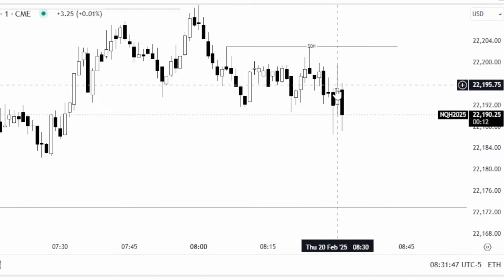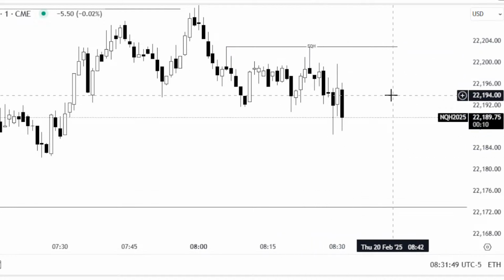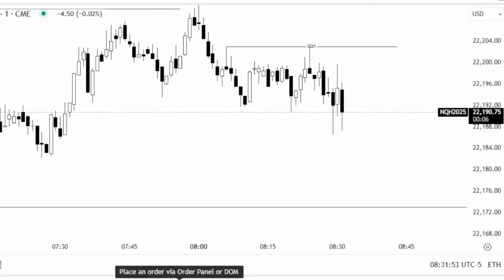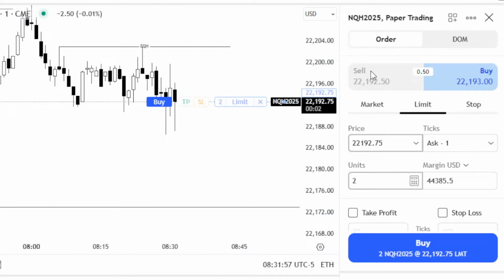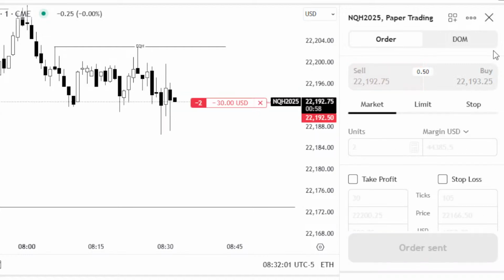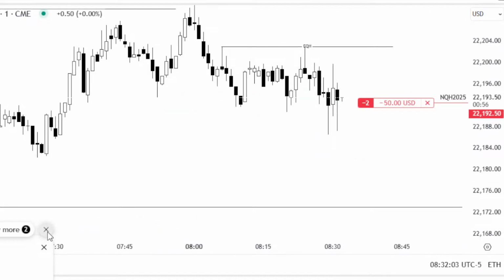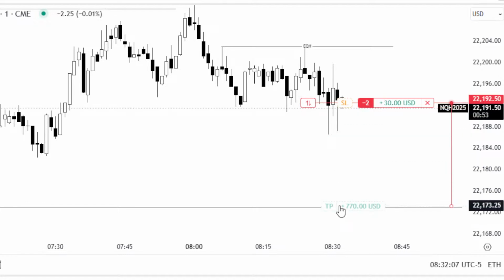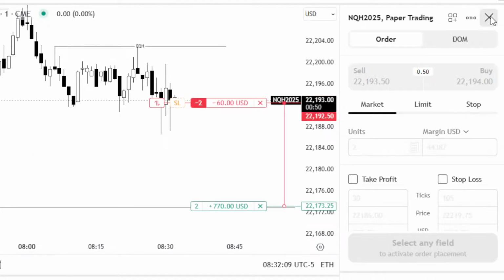High, lower high, so I expect lower lows, lower highs, lower lows. So I might just take a little sneaky trade here. Just target it there.